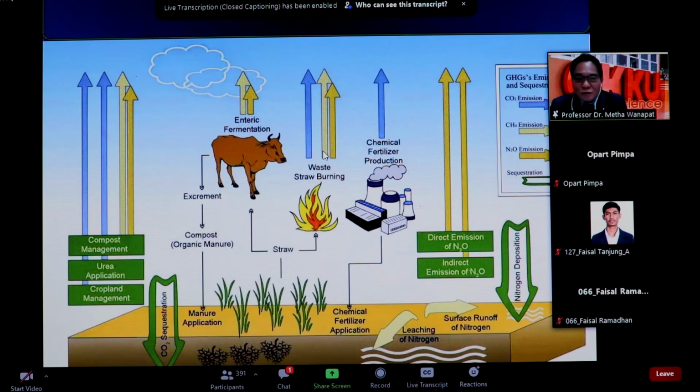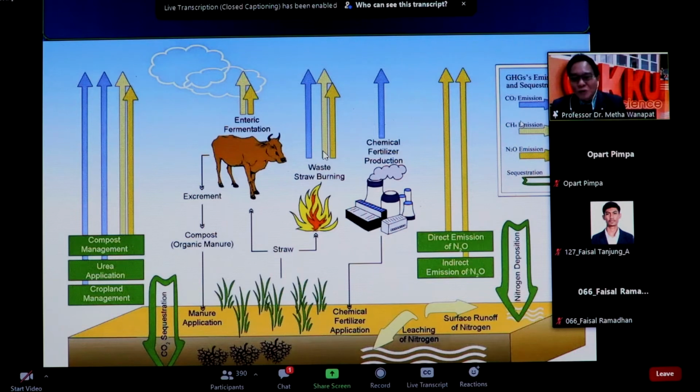Now, to the methane, especially enteric fermentation here, I need to go a little bit faster, I suppose, right? So here, the overall methane production has been attributed to many sectors, firstly agriculture, as a whole. It has been reported by Steinfeld from FAO a long time ago, and Goodland and Anhang also reported later on, right?